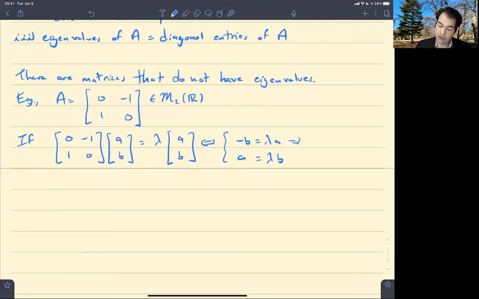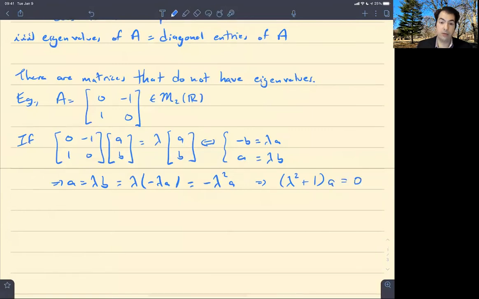And in particular, substituting the first equation into the second one, we have that a is equal to lambda b, but b is equal to minus lambda a. So this gives us minus lambda squared a. So putting the lambda squared on the other side, I end up with lambda squared plus 1 times a is equal to 0.